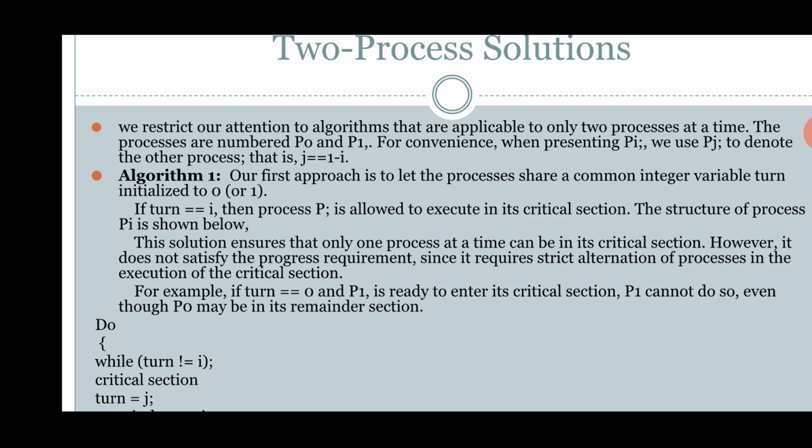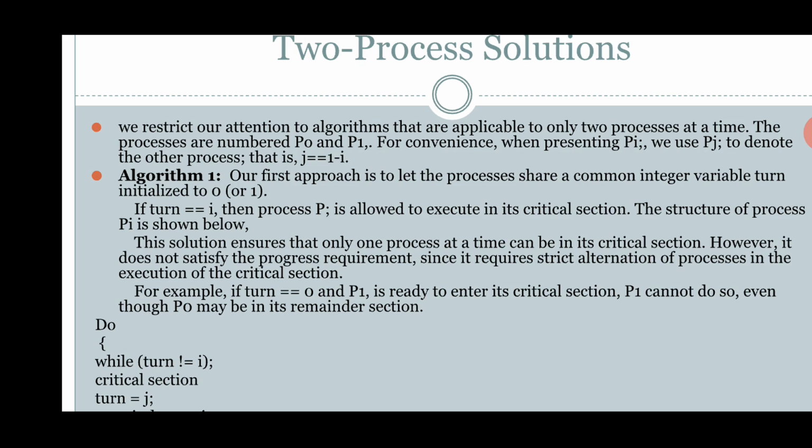If it is 0, then do the work or don't do the work; if it is 1, do the work or don't, or vice versa. If you set the code like this, if flag equals 0, then perform some work, and if flag equals 1, then you should not do the work.